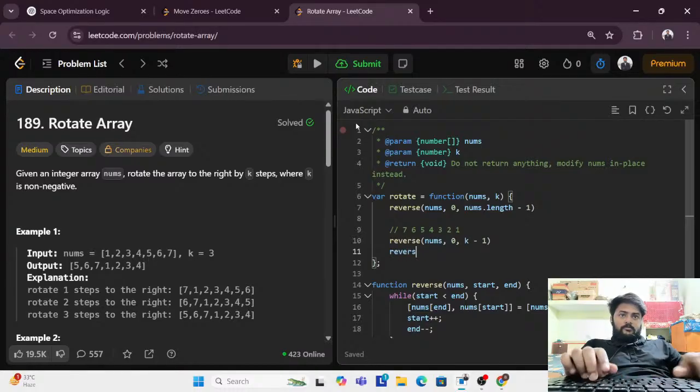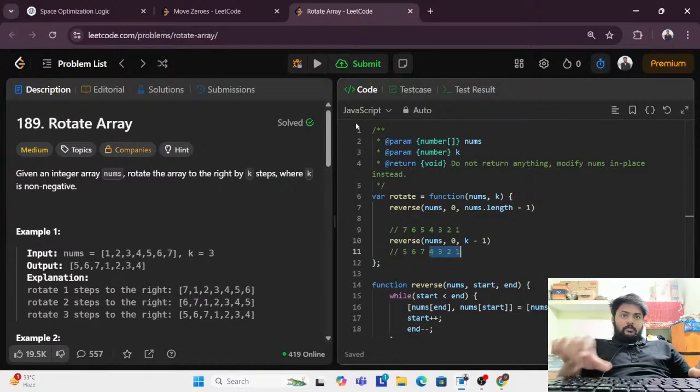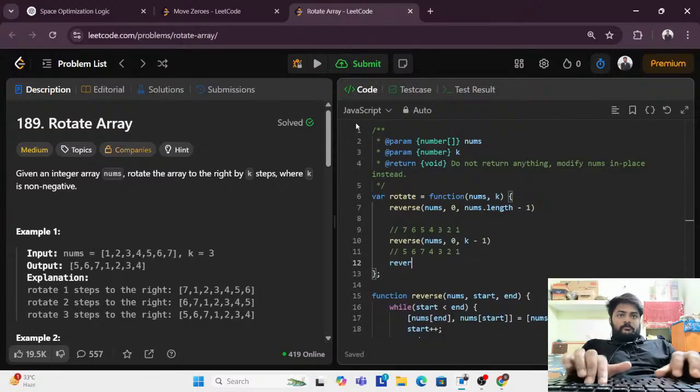After this it will become 5 6 7 4 3 2 1, right? Now I need to reverse this portion. Reverse.